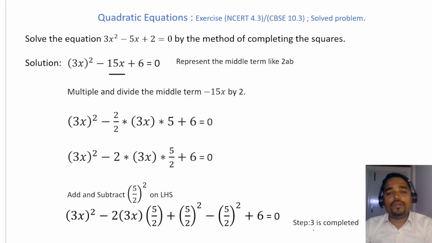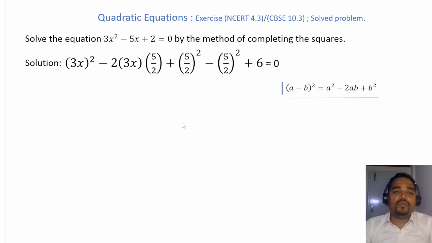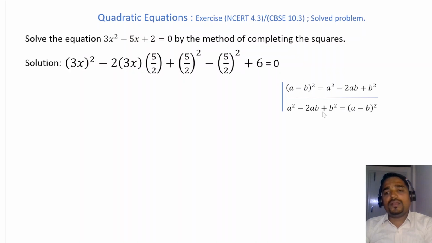Now step number 4 is to apply the formula a plus b whole square or a minus b whole square. Because we have a square minus 2ab plus b square, here we would be applying a minus b whole square. We know the formula a minus b whole square is equal to a square minus 2ab plus b square, or the same formula could be rewritten as a square minus 2ab plus b square is equal to a minus b whole square.